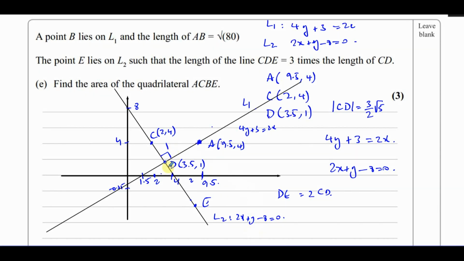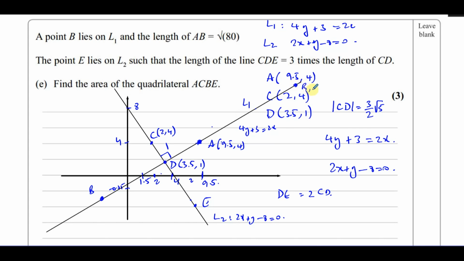Okay, and we also know that the point B lies on L1, so the point B is somewhere on this line. And the length of AB is the square root of 80. So that means from A to B is root 80. For example, B could be somewhere along this line. It could either be on this side, so let's just say that's one possible place for B, or it could be on that side somewhere, over here for example.